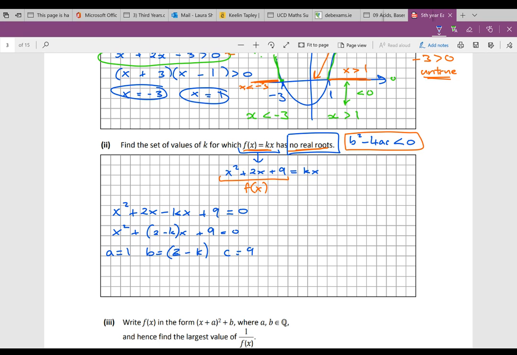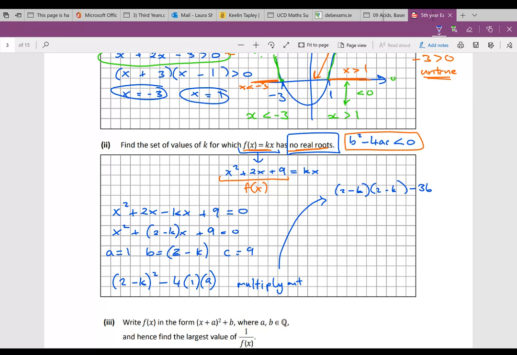Now it is an inequality. It's (2 minus k) squared minus 4 times 1 times 9. I'm not going to multiply it out, I'm going to allow you to do that. You should be able to multiply out your brackets: (2 minus k)(2 minus k), minus 36 in this case.